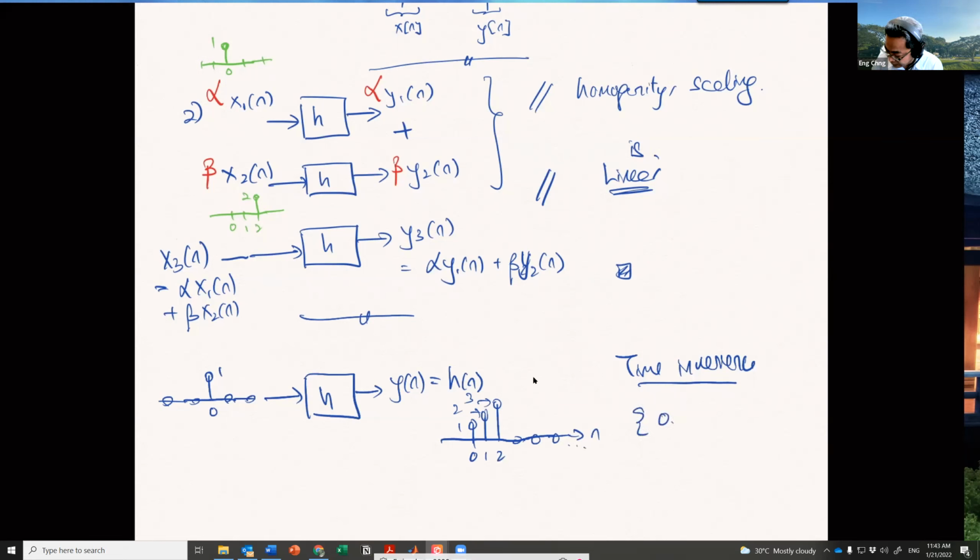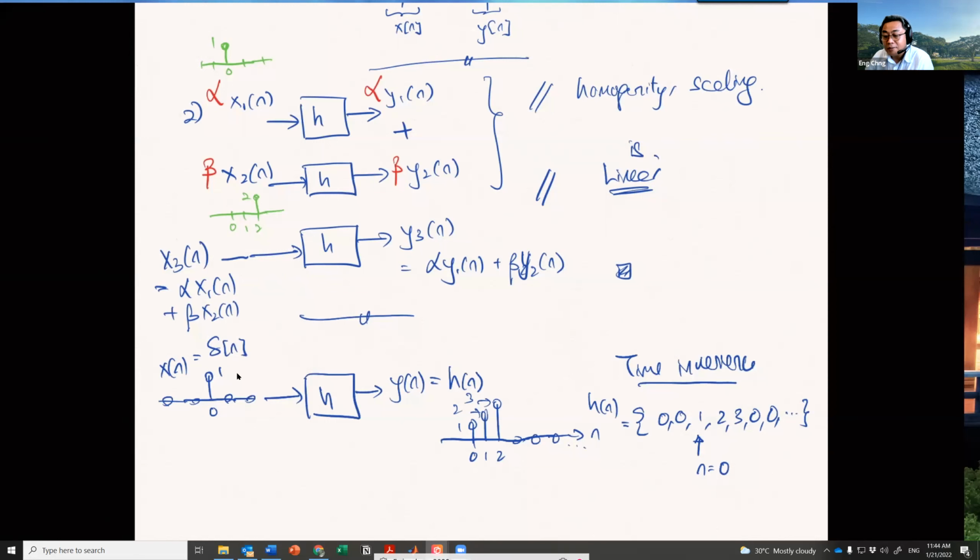You can write it this way, and then you add that little arrow here to say n is equal to 0. So this is h of n, defined as a sequence of numbers. This is h of n in a stem plot. This is x of n, the delta of n.